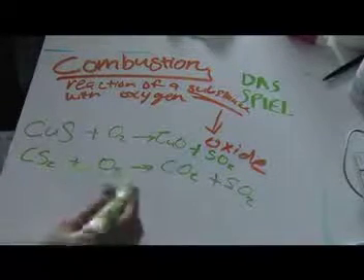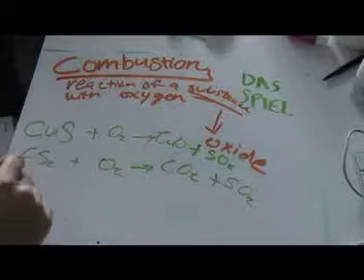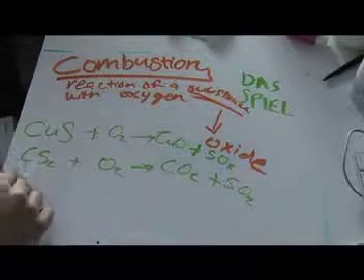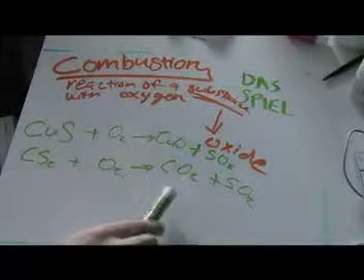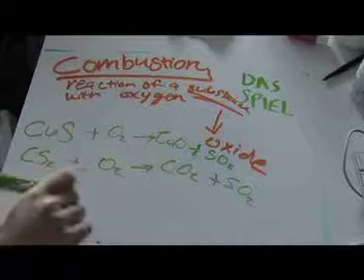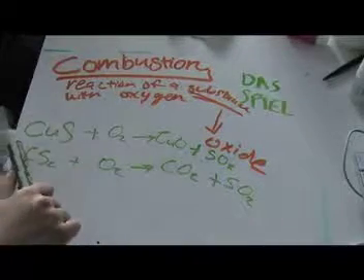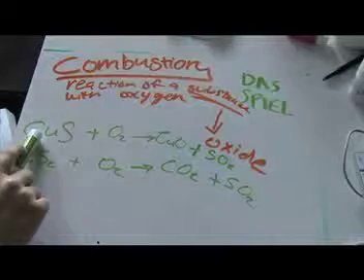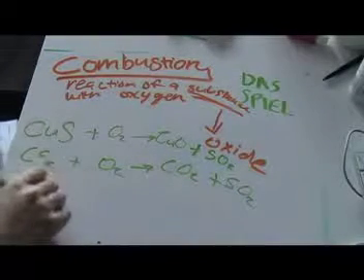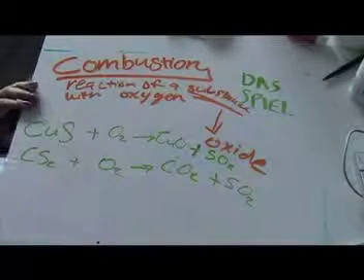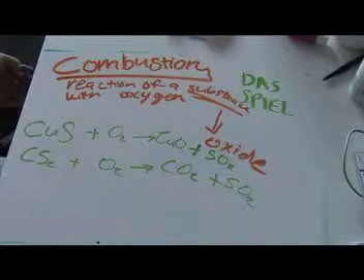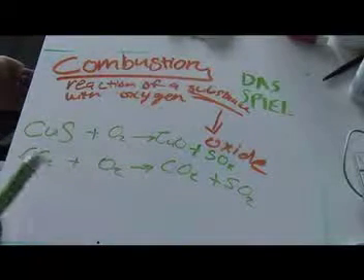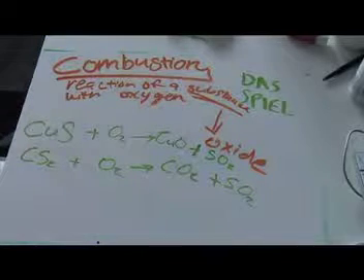So, one thing to note is that whenever there is carbon in a reaction, carbon dioxide will always be a product. And another thing to note is that if you have something as a reactant in a combustion reaction, the oxide of that same thing will be in a higher valence state or oxidation number in the oxide, which is kind of interesting.